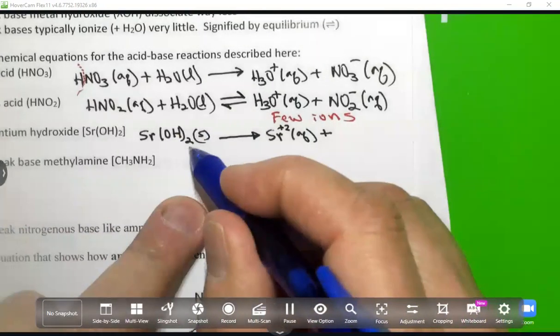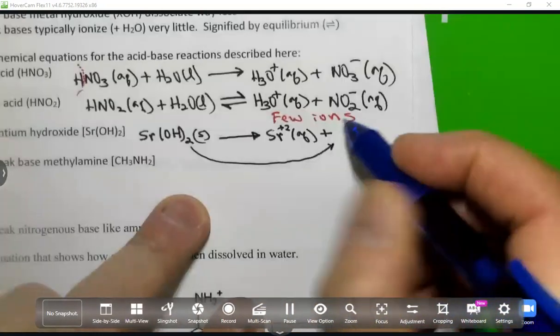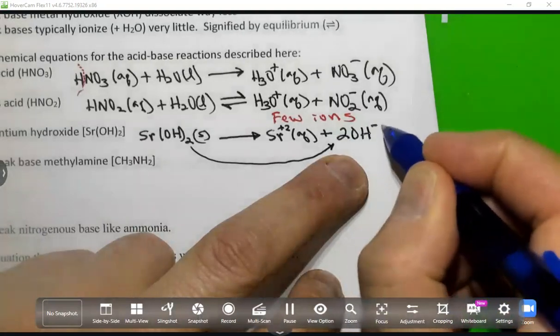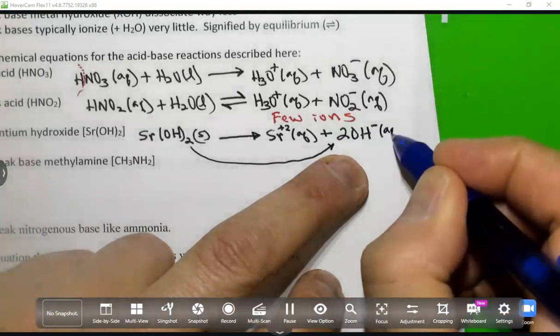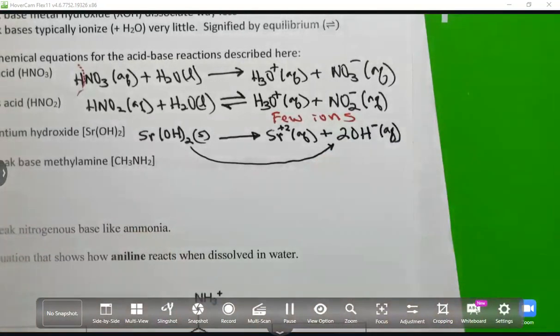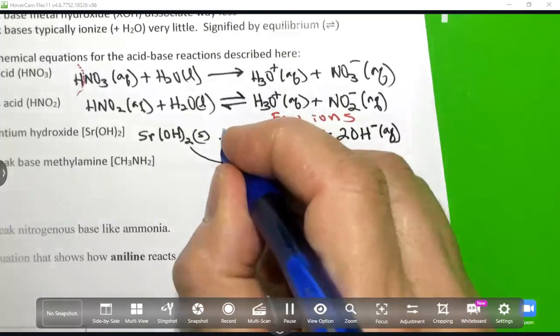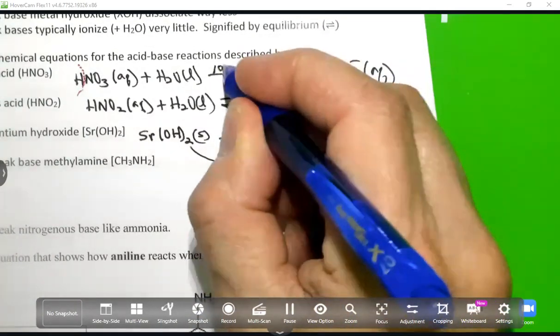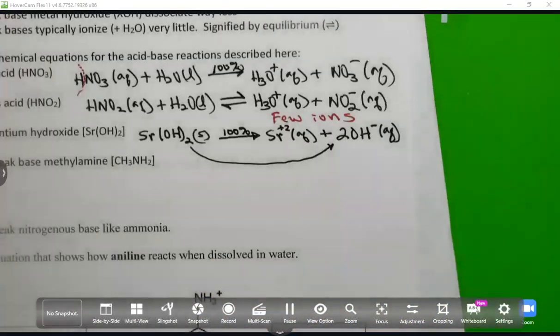This is going to split up into 2 hydroxides. Strong base. 100%.